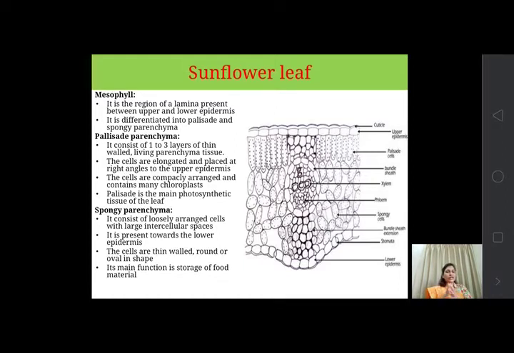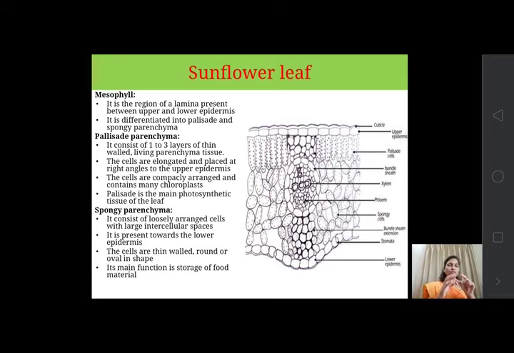They contain a large number of chloroplasts, meant for photosynthesis. Spongy parenchymatous tissues also help in photosynthesis, but their main function is to store the food material.